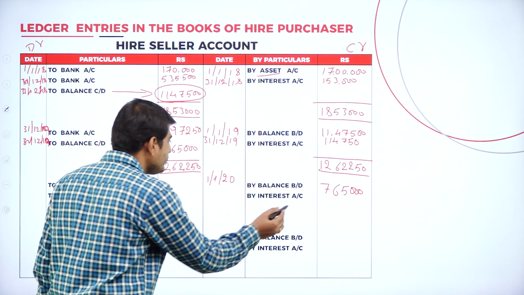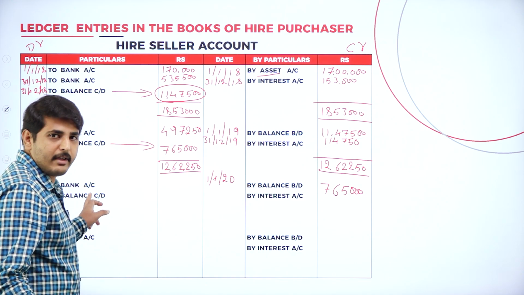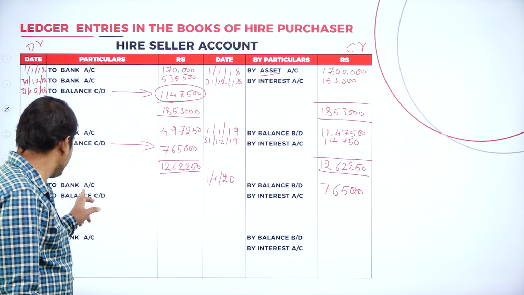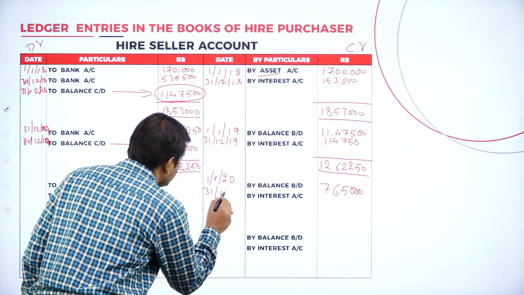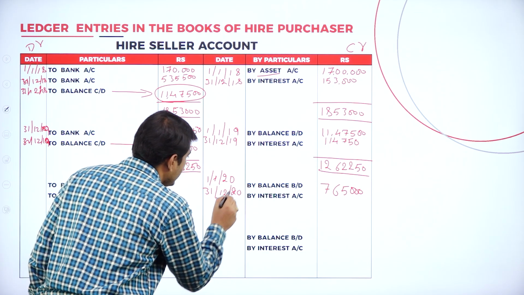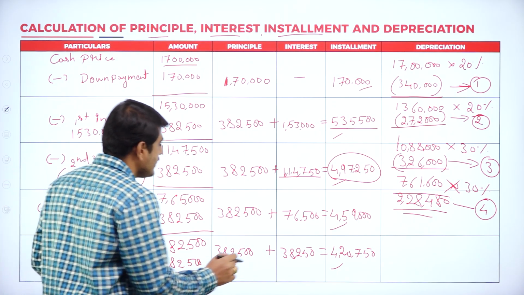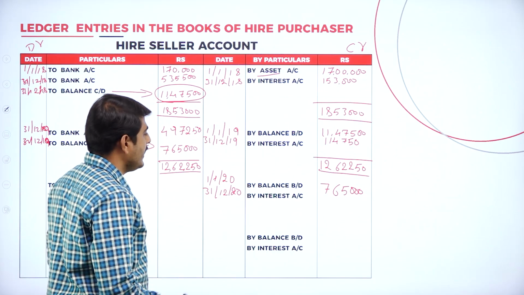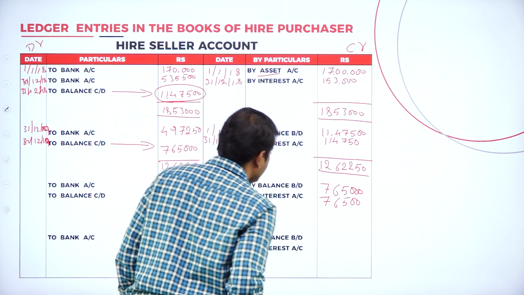7,65,000. Now for the last day of the third year, we have to pay. We have to calculate the interest. What is our interest? On 31st/12/2020, we already calculated the interest. Let's see the third year interest. What is the third year interest? 76,500 is our interest.